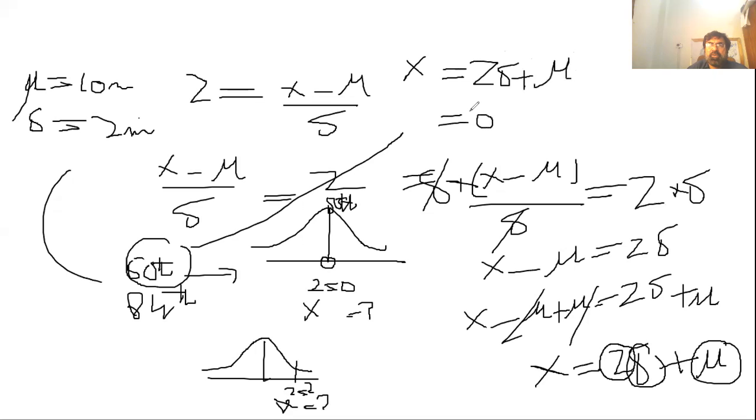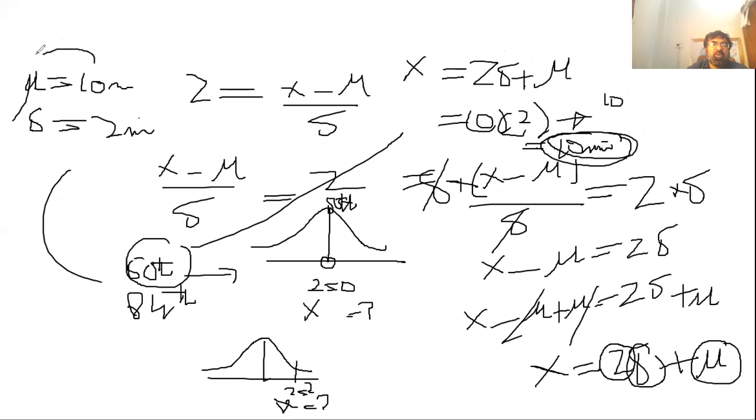So z is equal to 0, sigma is equal to 2, plus the mean, which is 10, and that becomes 10 minutes. As I have said, a person in the 50th percentile will always have an individual score equal to the mean. The mean over here is 10 minutes and the individual score is also 10 minutes. The reason is this person is standing in the 50th percentile, so here the z-score is 0. So putting in the formula, we will get the mean as the score for the individual.